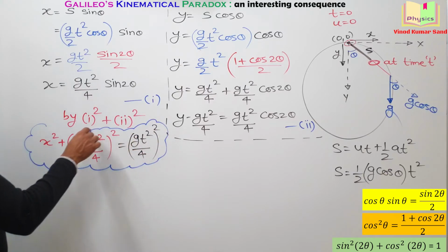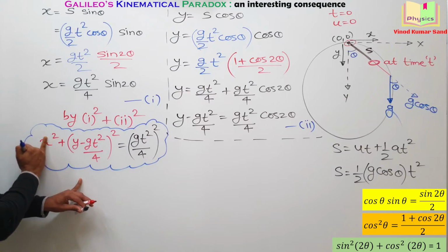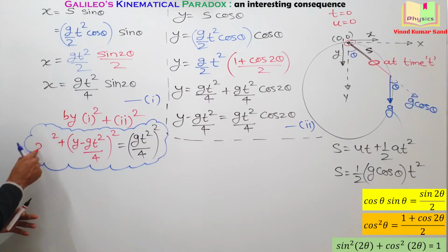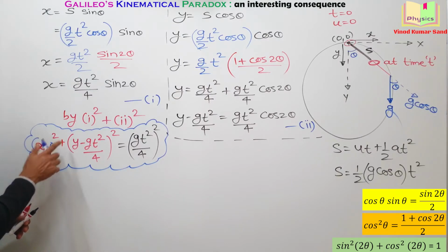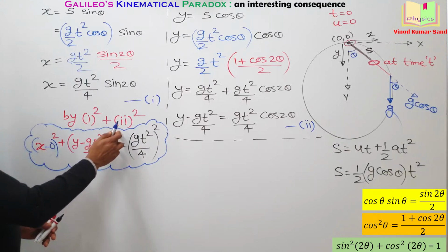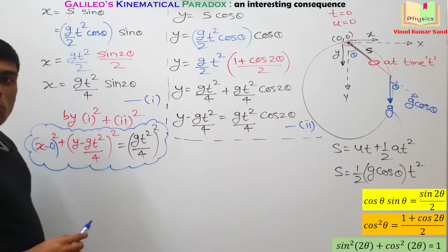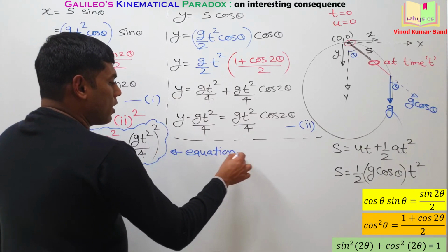This expression reminds you of the equation of a circle, and even this x we can rewrite as x minus 0 whole square. Now you can compare it easily. x minus a whole square plus y minus b whole square is equal to r square. So this is the equation of a circle.